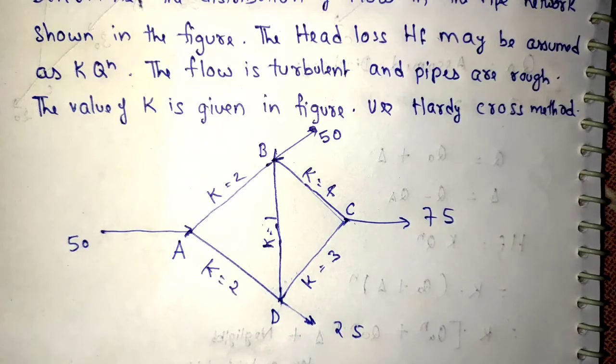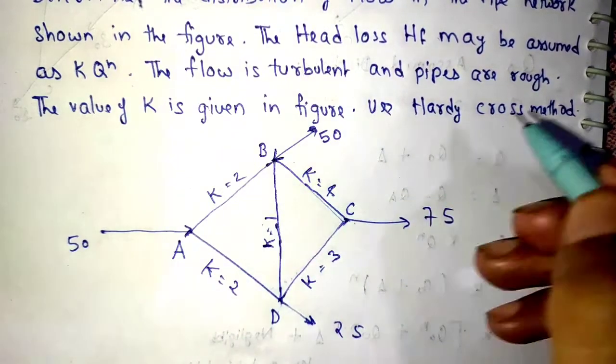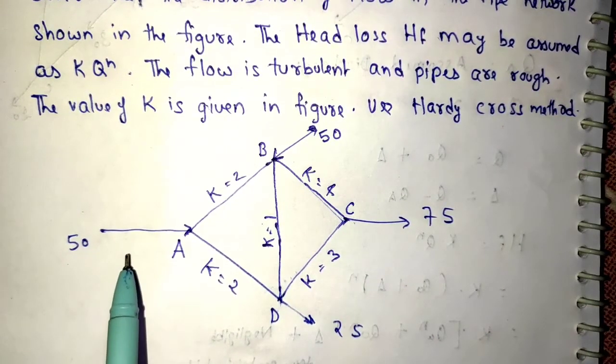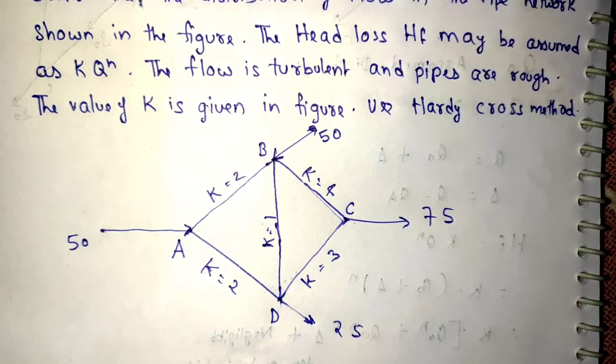What we are doing is assuming a flow, because here 50 is coming, right? You have to be very sure that the continuity equation is maintained, that is, the amount of water entering a node will be the amount of water exiting the node.